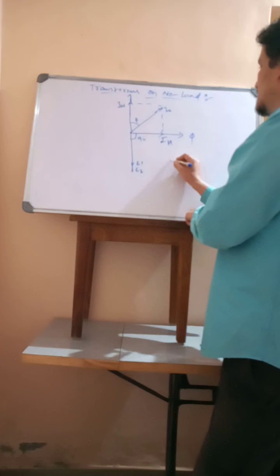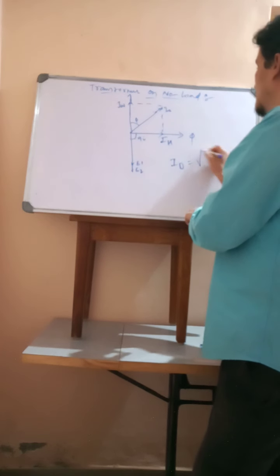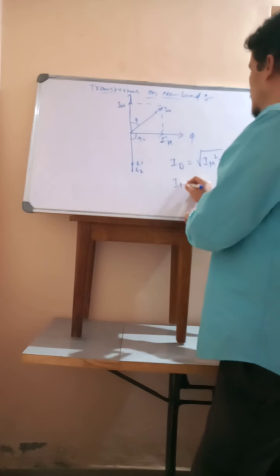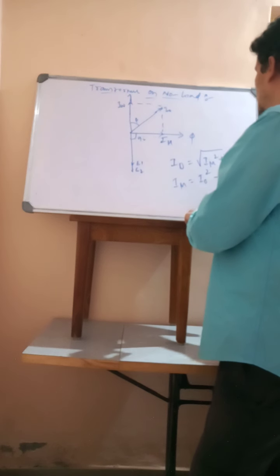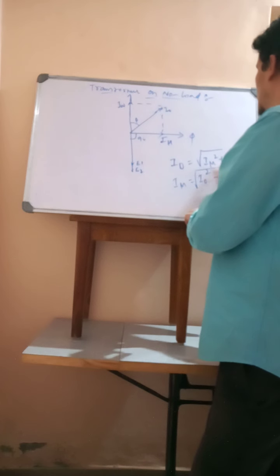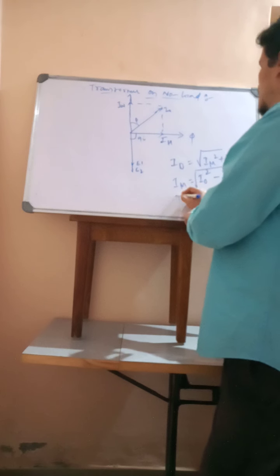So now you can write: I naught is equal to the square root of I mu square plus I omega square. I mu is equal to the square root of I naught square minus I omega square. Next, what about I omega?